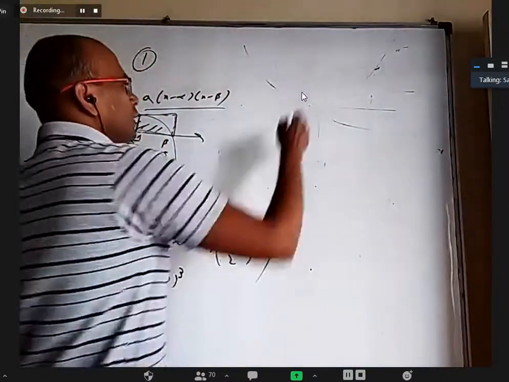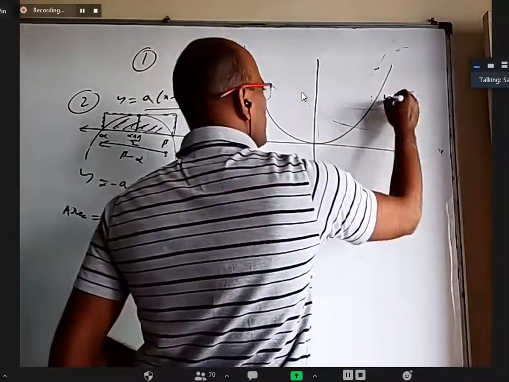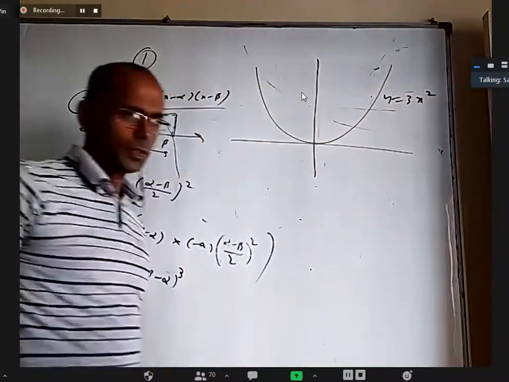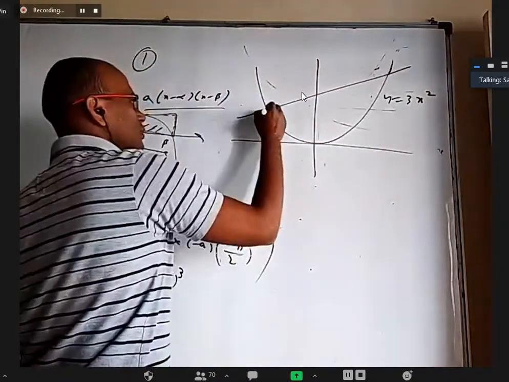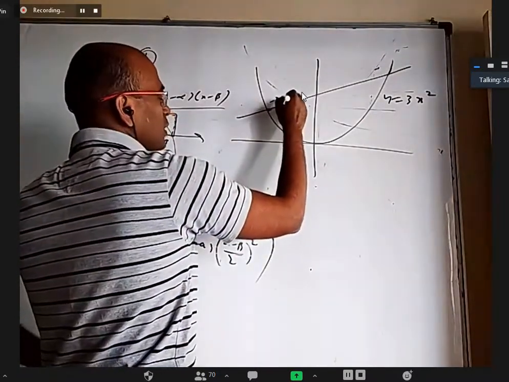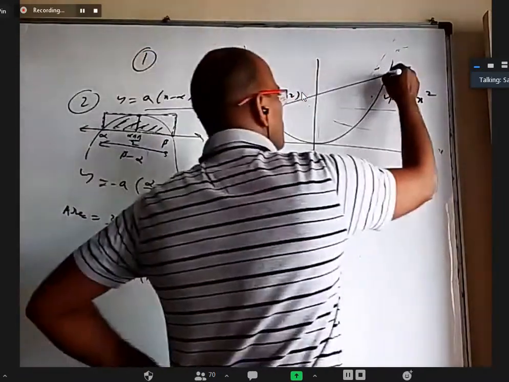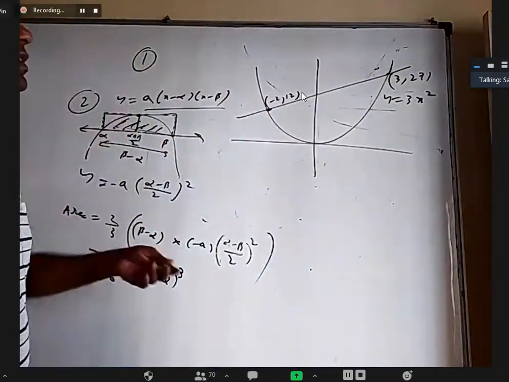Let us say I have y equal to 3x square and a line. Let me construct the question. I want to take this point as, let us say, minus 2 comma 12, and this point is 3 comma 27. So what is the line? Let me find.